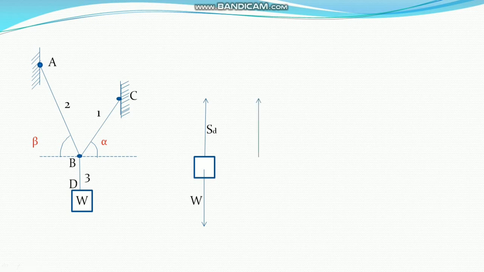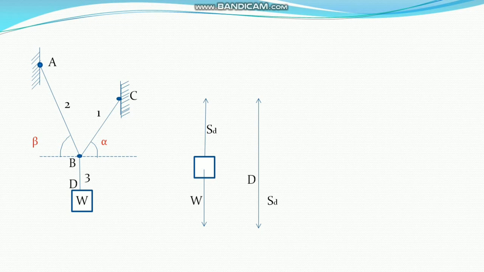The next free body diagram should be the cable, because you see D and B, cable 3. This will be a very simple point. Here the cable will have two forces. One force is SD, which we already calculated, at the point D. So the force will be SD, that is downward.